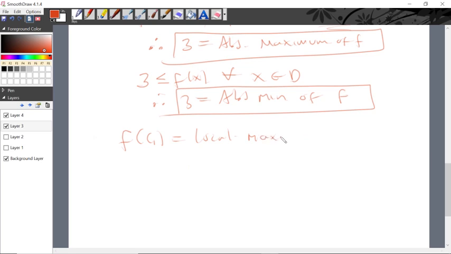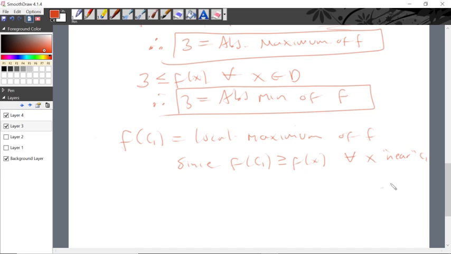I was starting with maximum. It is a local maximum of f, since f of C1 is greater than or equal to f of x for all x that are near C1, that is within an open interval.